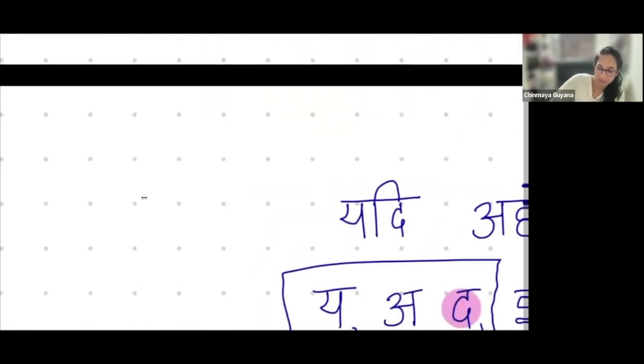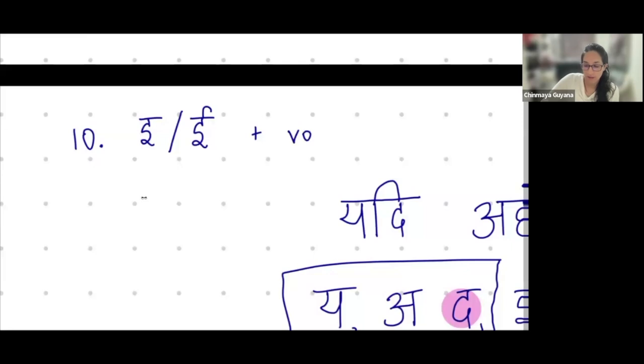If we have a word ending in the sound i or ee, both of them, meeting a vowel, and I'm going to put a star here and you're going to tell me what the star is.